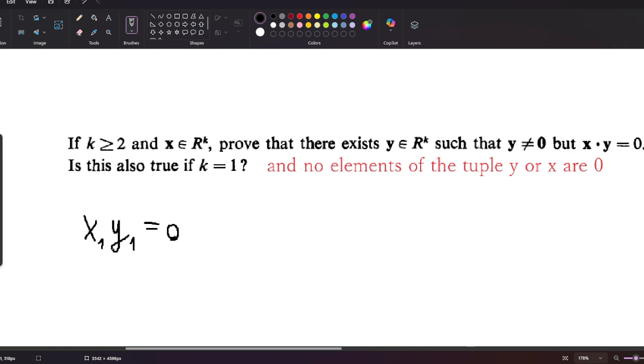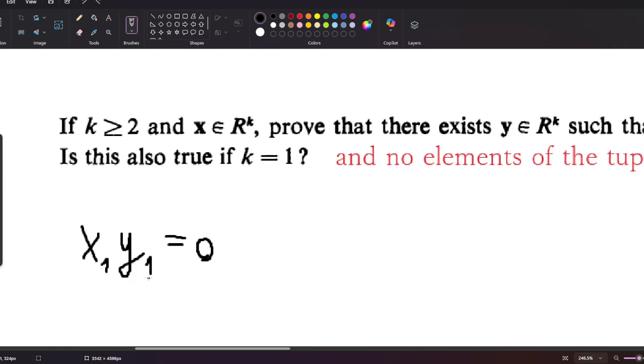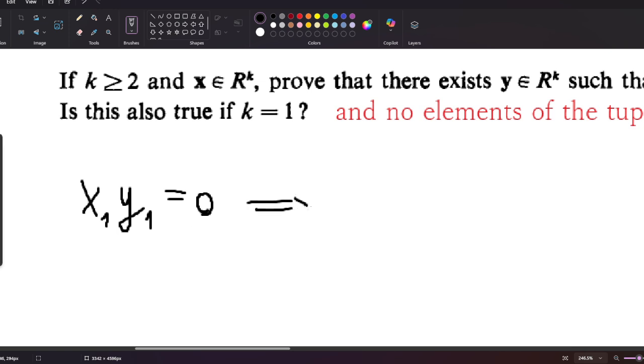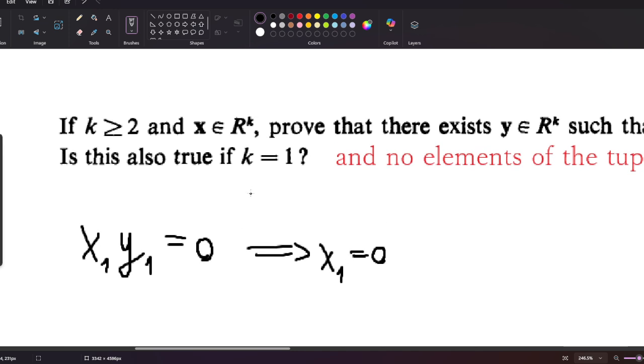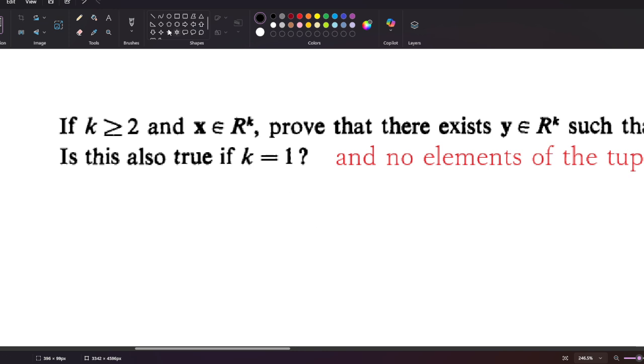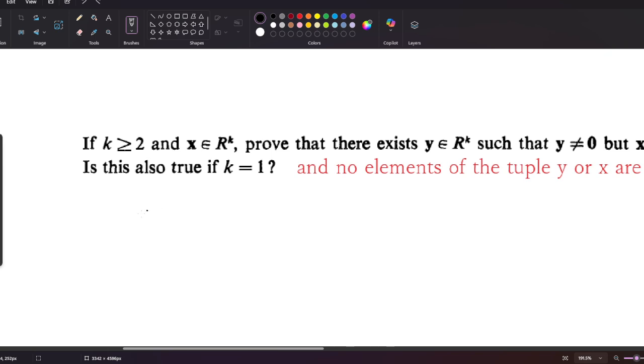And now the thing is, since y is not equal to 0, y1 is also not equal to 0, so this implies that x1 equals 0. So it is only true for k equals 1 if x equals 0. We have reviewed that case. Now let's review the case with k greater than or equal to 2.